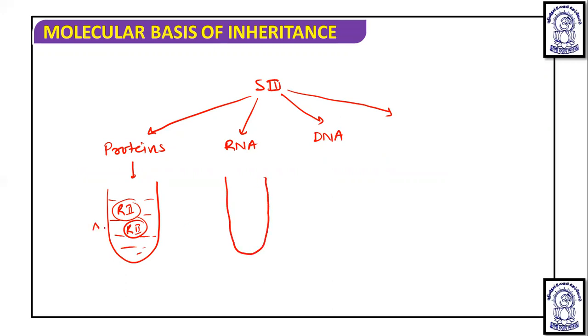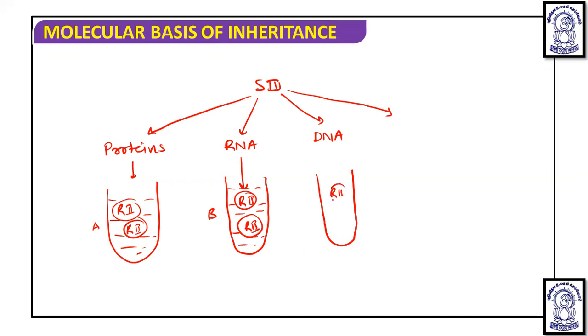In tube A they kept proteins with R2 bacteria. In tube B they took R2 bacteria and added RNA.